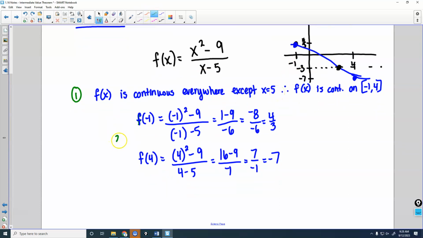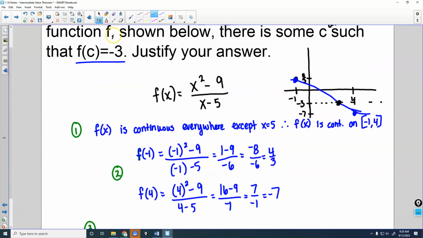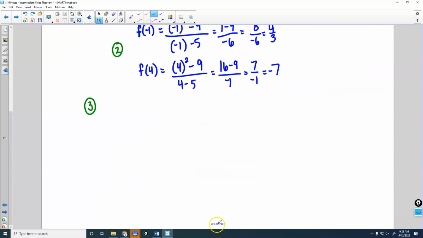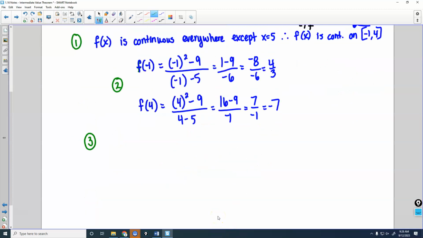So be careful whenever you're doing this. This was our second step. We have to show those values of the endpoints. The third step is that you've got to show that the value you're looking for, in this case -3, is between those two values. Which one's lowest, f of 4 or f of -1? f of 4.